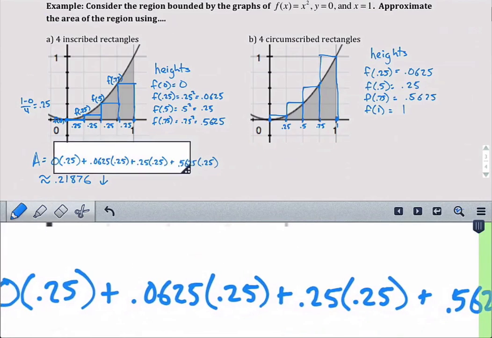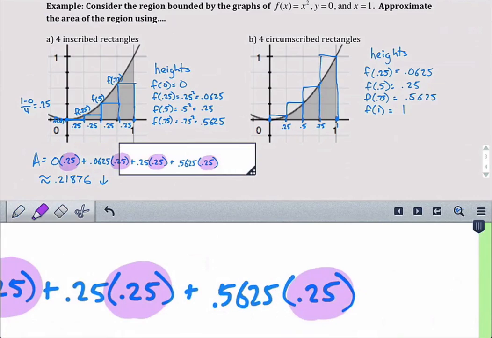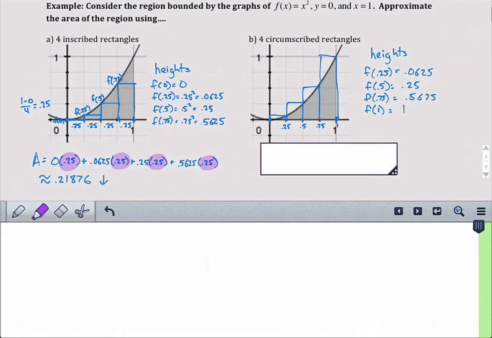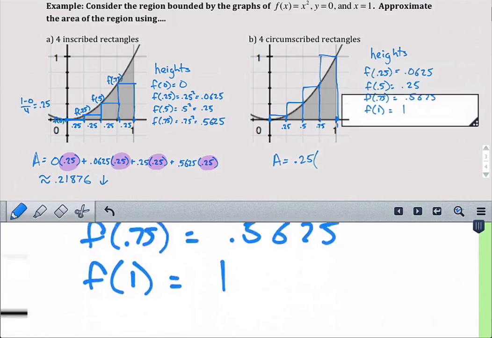Now if you noticed here, each of these got multiplied by the width of 0.25. So we really could have just factored that out in approximating our area. So our area is going to equal 0.25 times the sum of all the heights here.